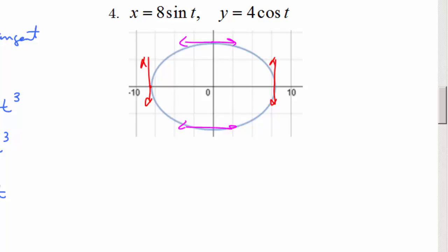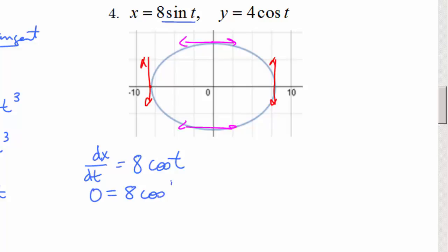One more time, we have a vertical tangent if dx/dt equals 0. So let's find dx/dt. The derivative of sine is cosine. If I set that equal to 0, dividing by 8, I have to ask myself, when does the cosine of t equal 0?